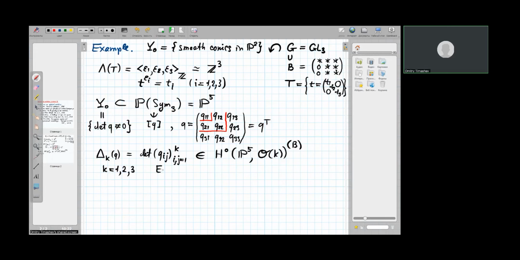In my notation, the eigenweight of delta K will be epsilon 1 plus etc. epsilon K taken twice.